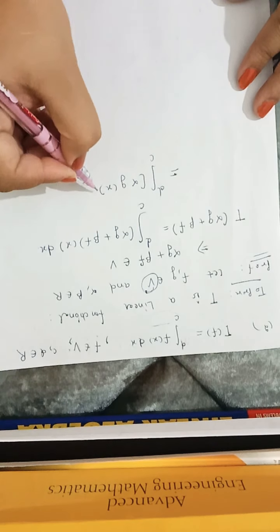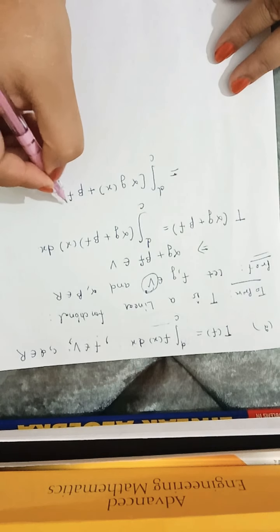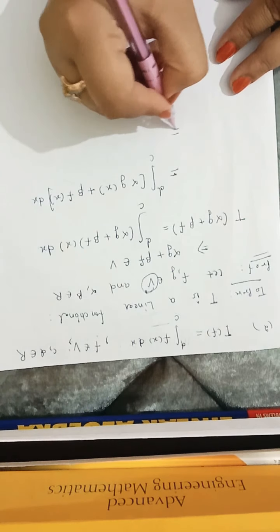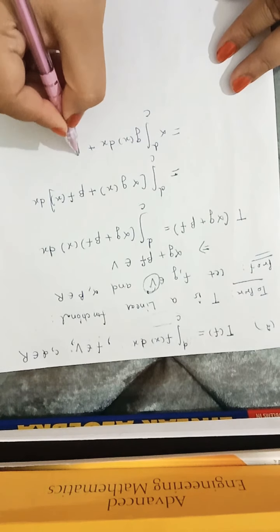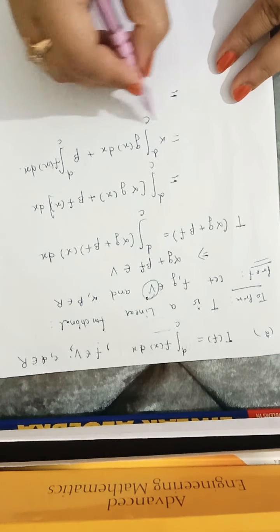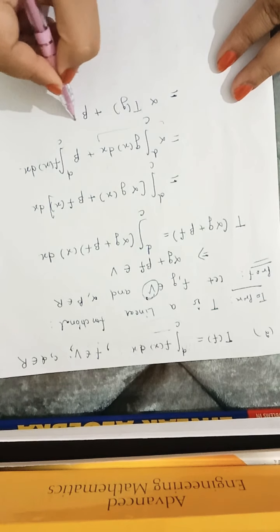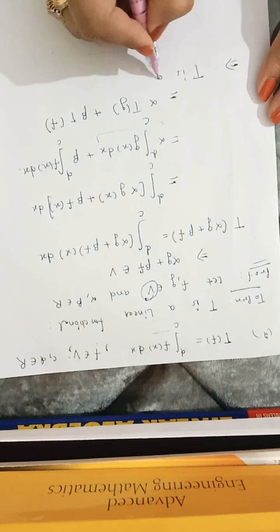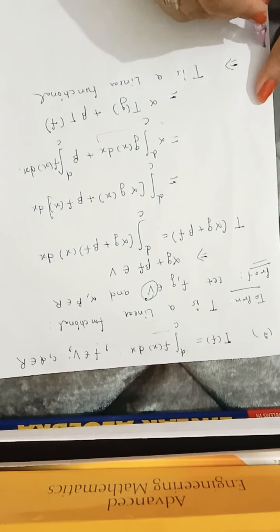We can split the integration: alpha times the integral from C to D of g(x) dx plus beta times the integral from C to D of f(x) dx, which according to the definition is alpha T of g plus beta T of f. Okay? This implies the given T is a linear functional. We can easily check.